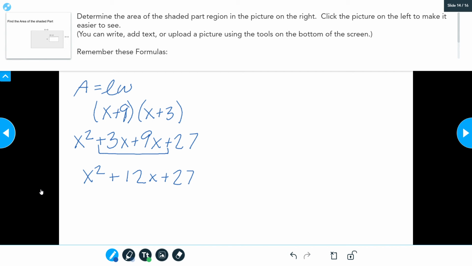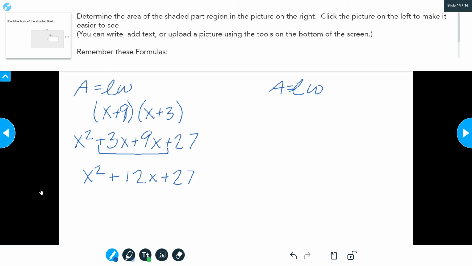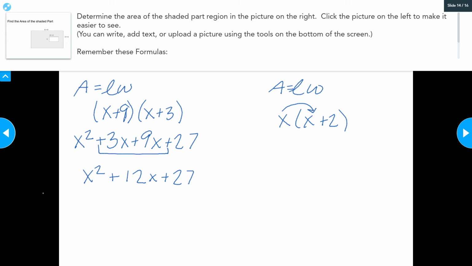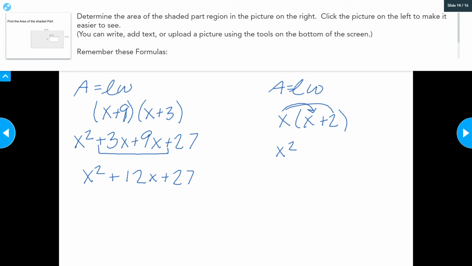Now I need to subtract out the area of the small rectangle, and the area is still length times width. My length in this case is x plus 2 and my width is x. The order I multiply in does not matter, so I have x times x plus 2. I'm just going to distribute here, so I have x squared plus 2x.